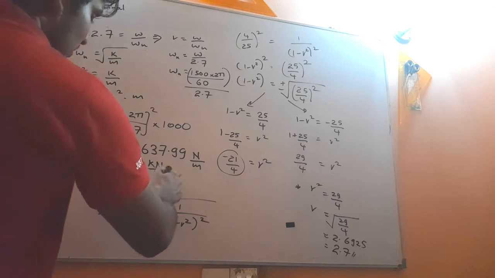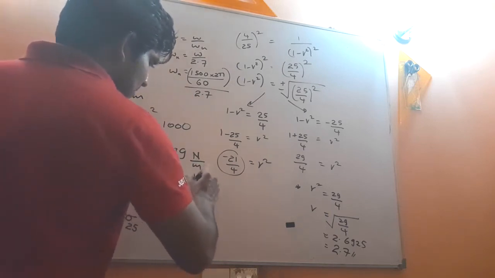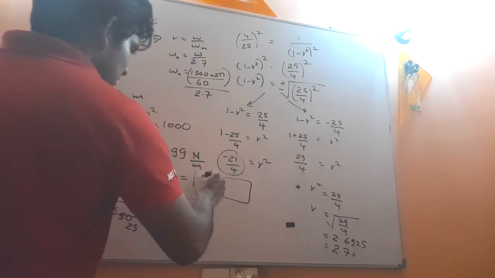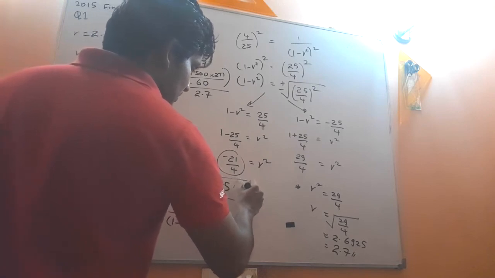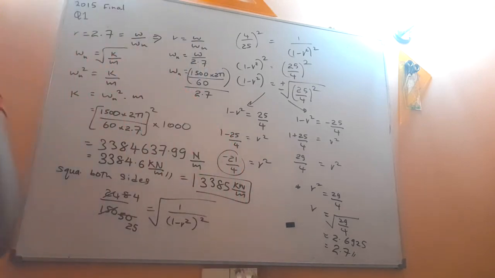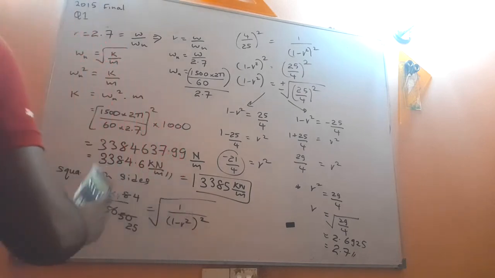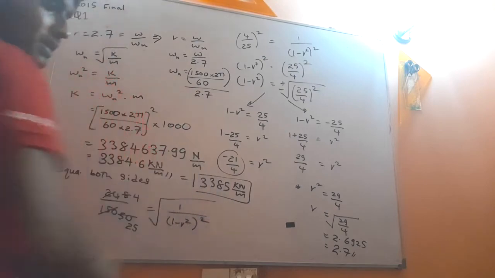Or else you can keep the final answer as 3385 kilonewtons per meter, right. That is also acceptable. So this is the maximum stiffness. I hope you got this part.